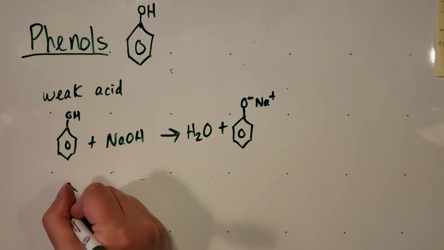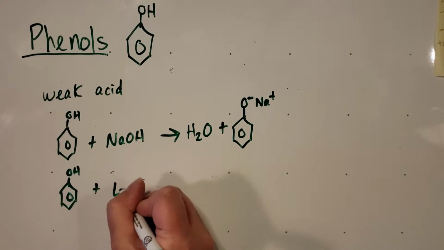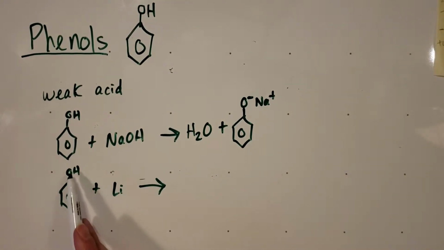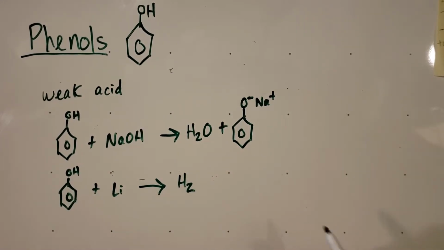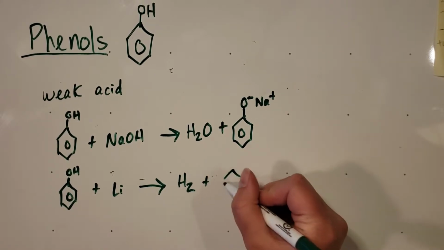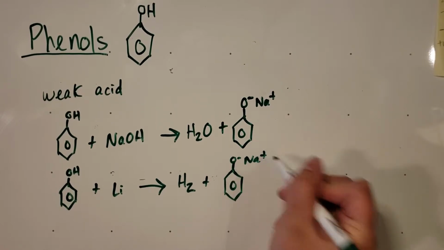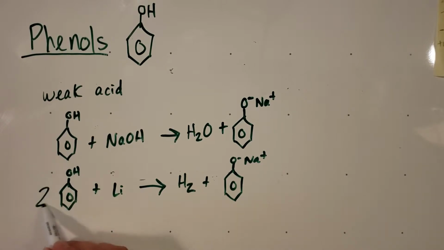Same thing if our phenol is reacting with a metal, say lithium, because lithium is fairly reactive. In this case, acid reacting with metal, you end up with hydrogen gas and your salt. With these reactions, always remember to be balancing them. We have 2 hydrogens being produced, only 1 there, so we need a 2 there, 2 there.